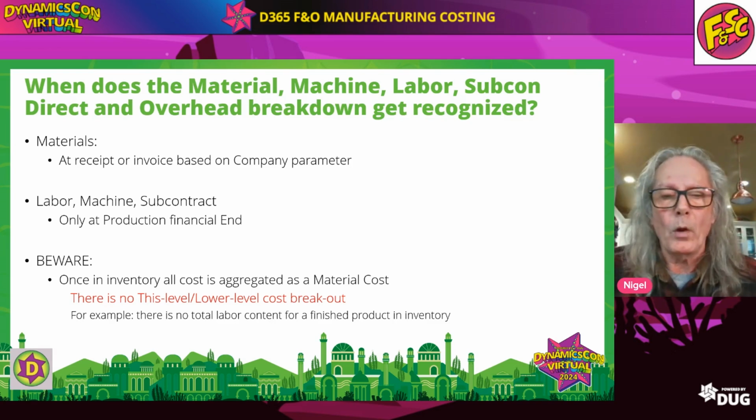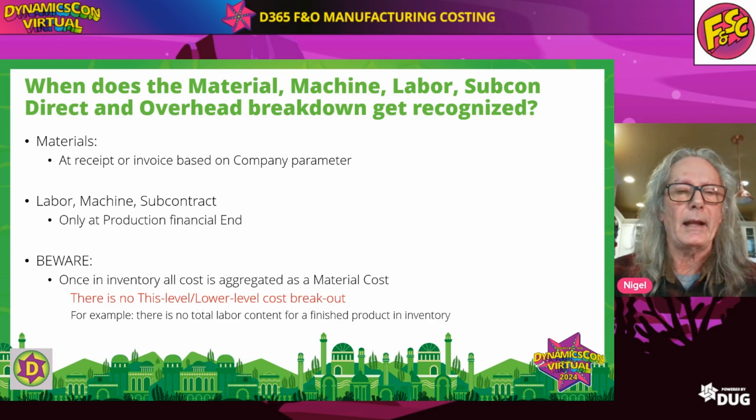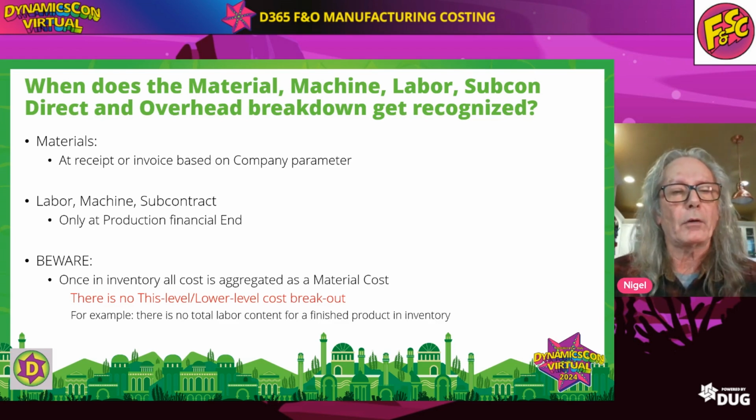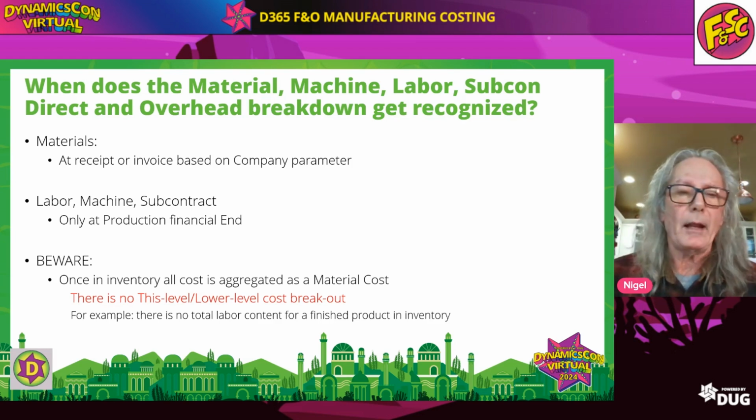And there could be more than one source of overhead against a receipt of purchased materials. And you do say, am I going to do that calculation for an actual cost item at receipt or at invoice? But it's one choice or the other, I believe, per company. So you have to decide early on.